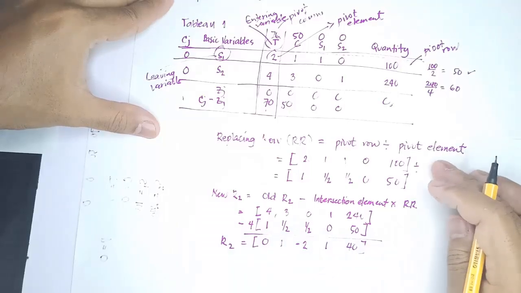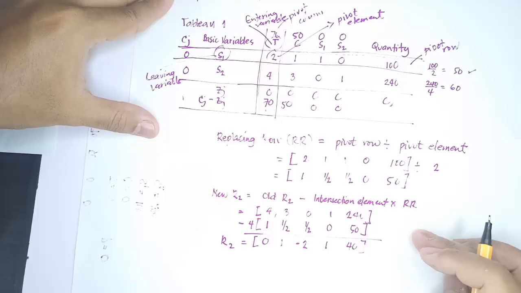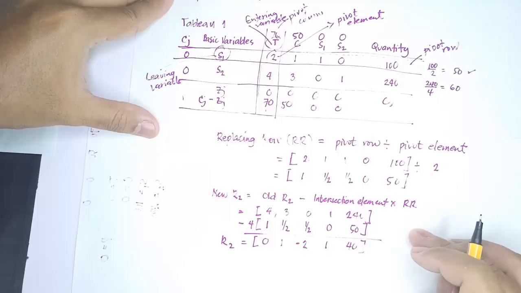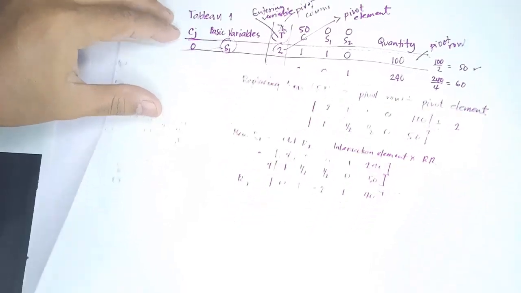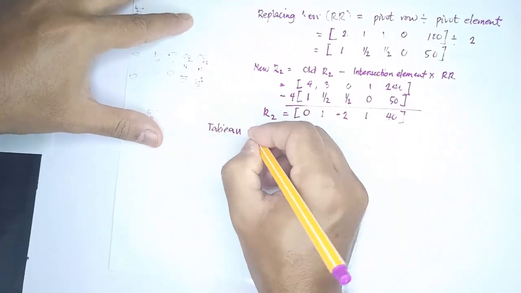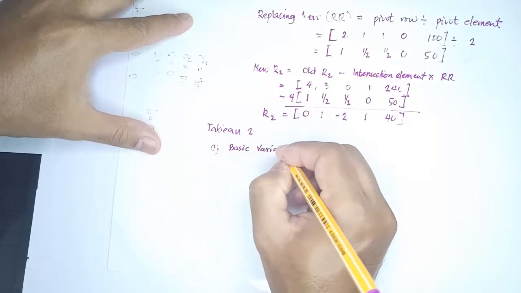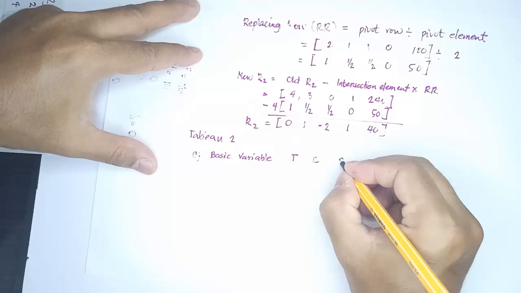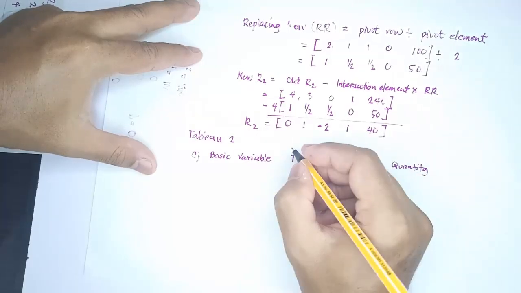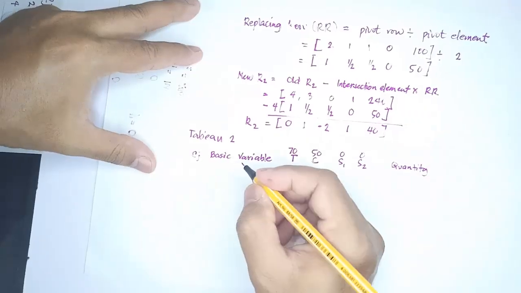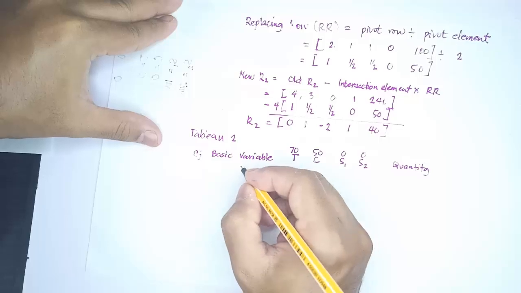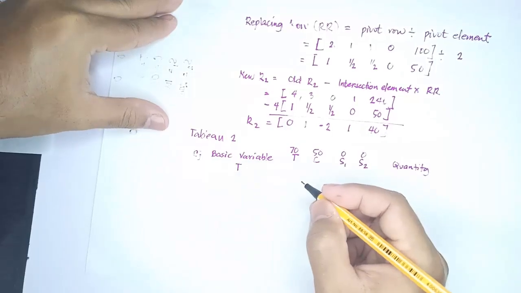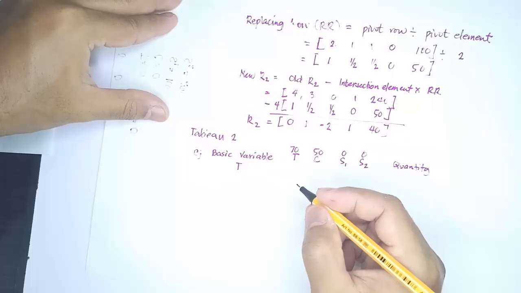Once the replacing row and the new elements for the new rows are computed, we can now start constructing the second tableau. The basic variable for row 1 now is t, since it has replaced the variable s1.